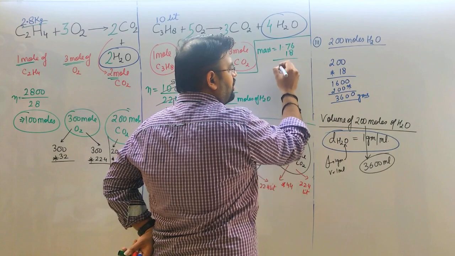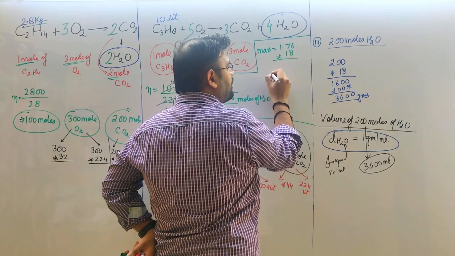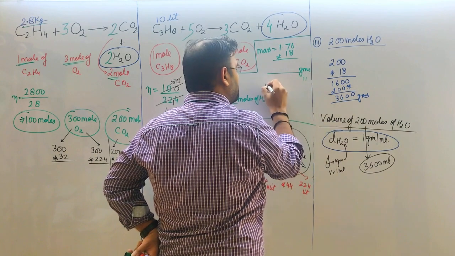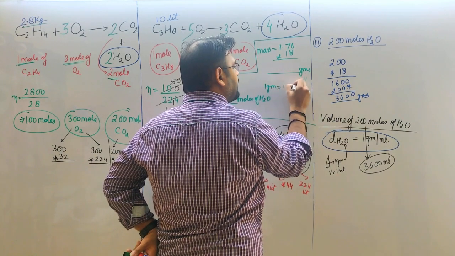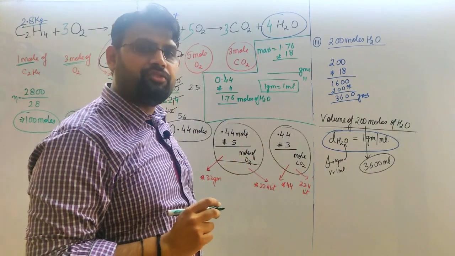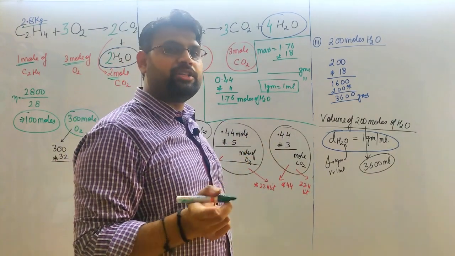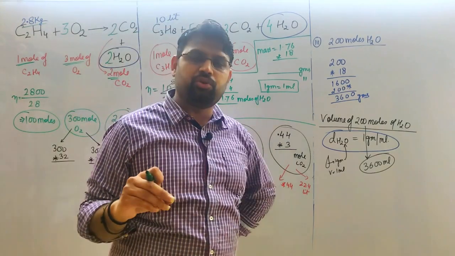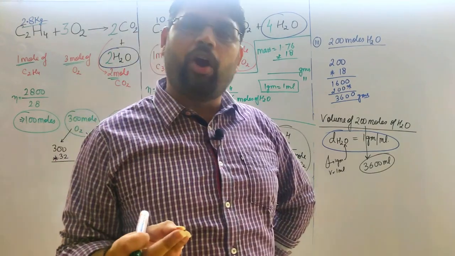Whatever the mass in grams is, since 1 gram is equal to 1 ml in the case of H2O, that much ml will be the volume of H2O, unless it is mentioned that H2O is in the form of water vapors.